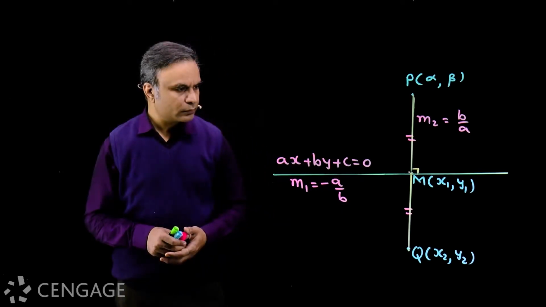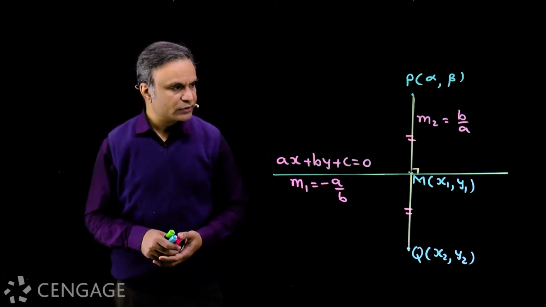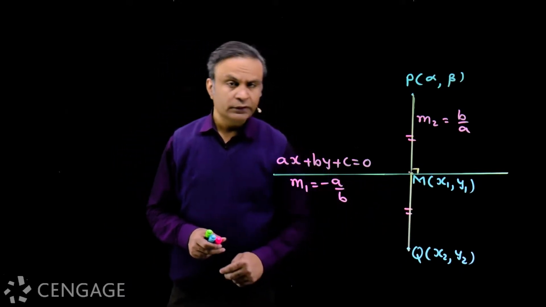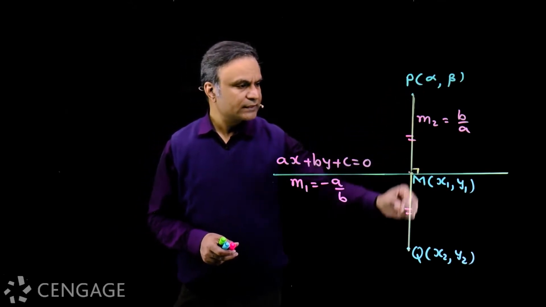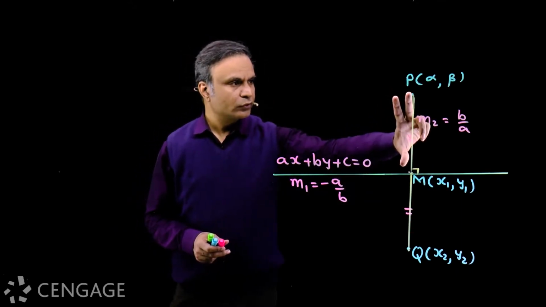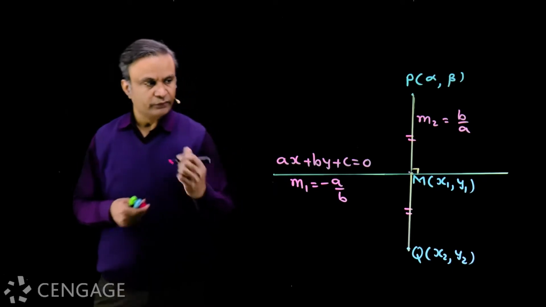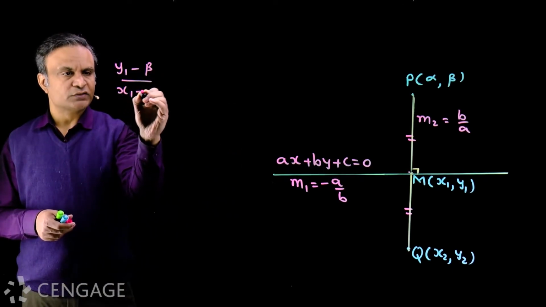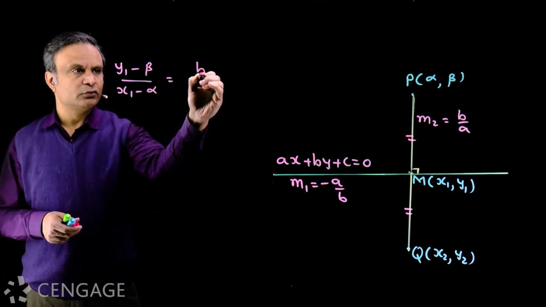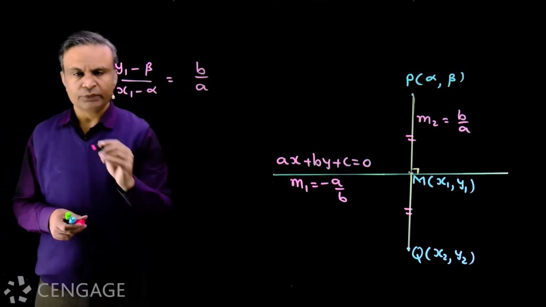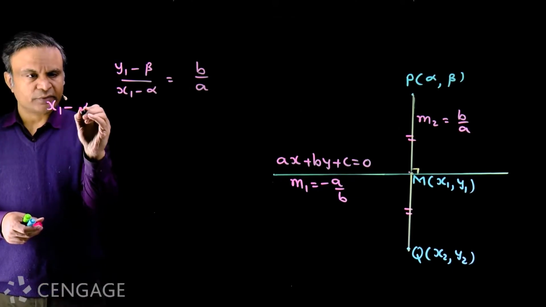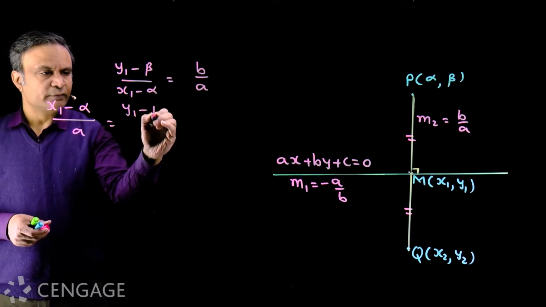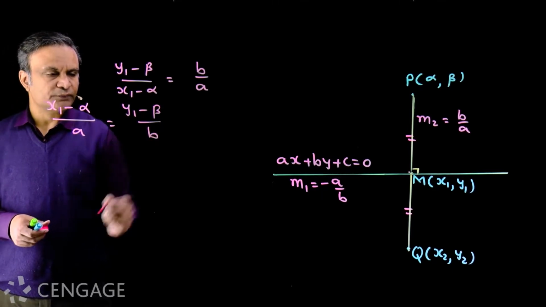Okay, we have one formula using which we can get the coordinates of foot of perpendicular M and reflection Q. Now the slope of this line is b upon a. So using the coordinates of these two points, we have y1 minus beta over x1 minus alpha equal to b upon a. So from this we have x1 minus alpha upon a equal to y1 minus beta over b.